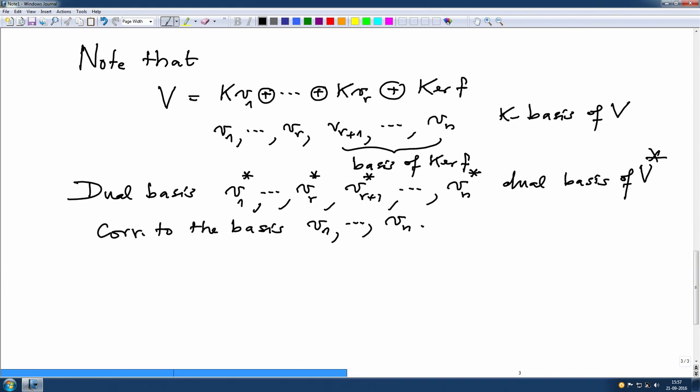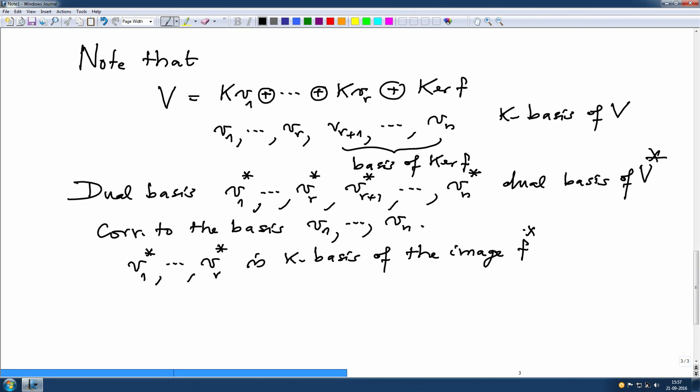Now I want to claim that V1 star to VR star is a K basis of the image F star of W star, which is the image of F star.